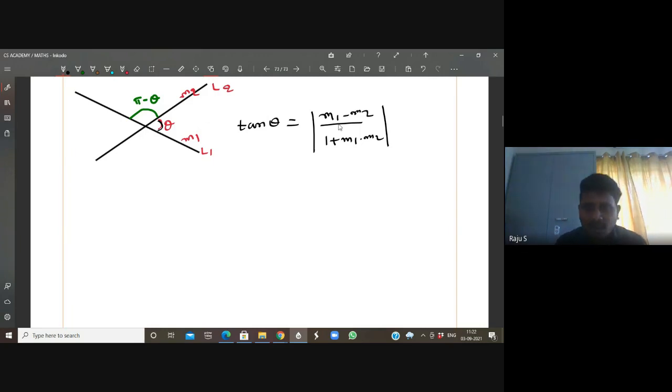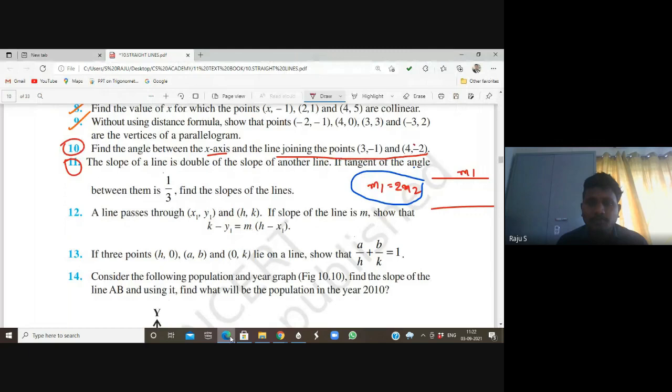When I replace m1 by tan alpha and m2 by tan beta, then tan theta is equal to tan of alpha minus beta. That is the second point. But remember this formula, students. Everyone must remember tan theta is equal to m1 minus m2 by 1 plus m1 m2.